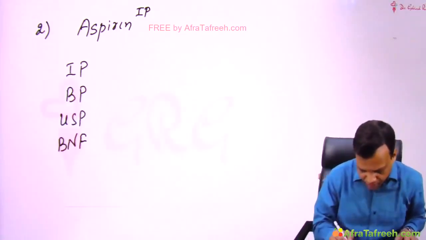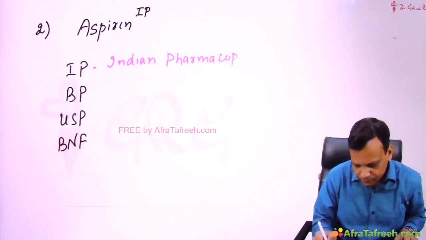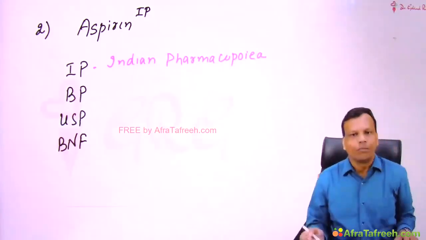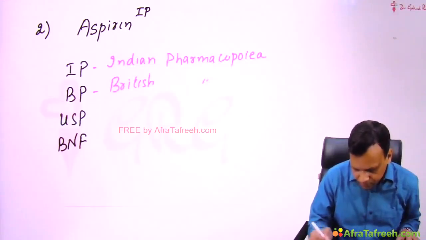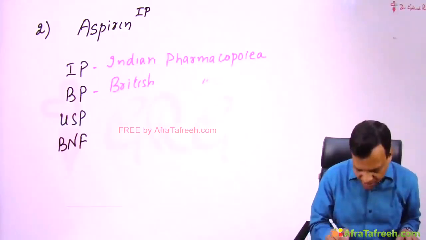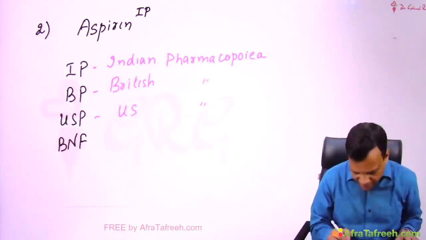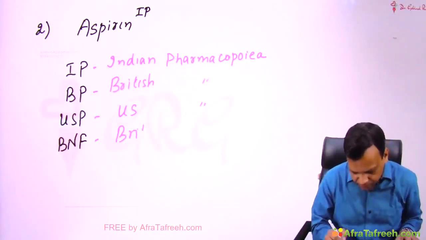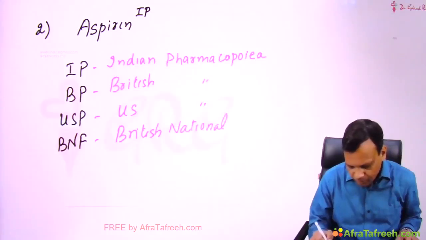IP stands for Indian Pharmacopoeia. BP stands for British Pharmacopoeia. USP stands for United States Pharmacopoeia, and BNF stands for British National Formulary.